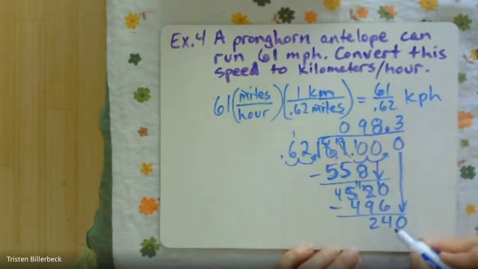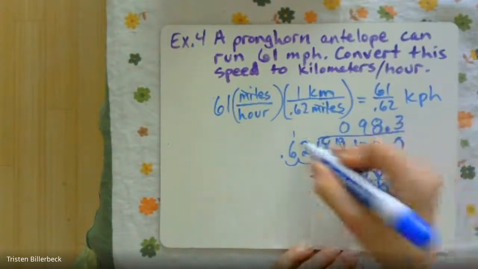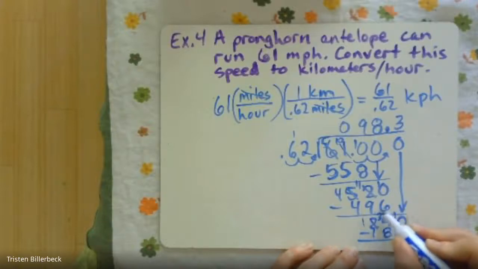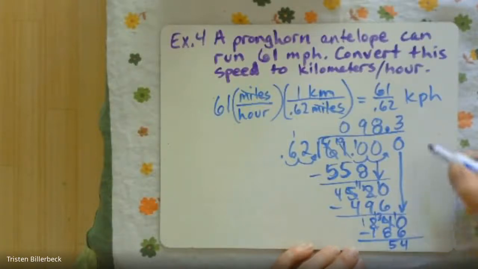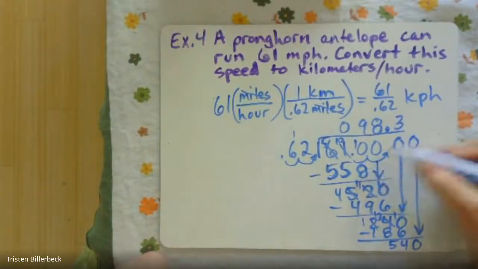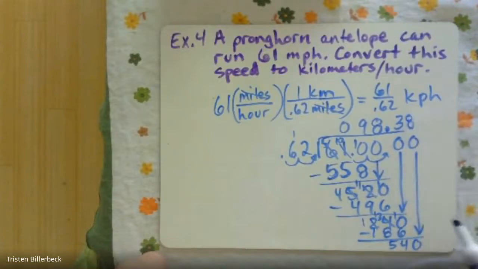So 3 times 2 is 6. 3 times 6 is 18. Subtract, we just missed. And we drop one more down just to see how to round. And this is a little less than that, so it's going to be about 8.